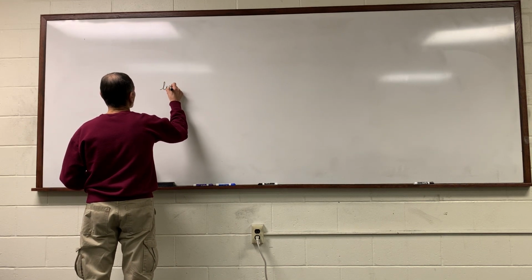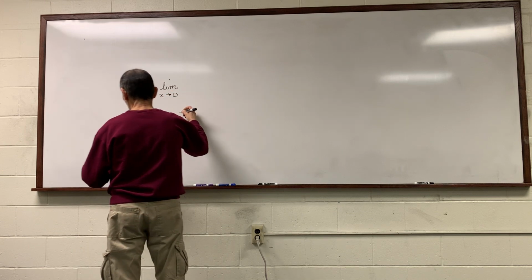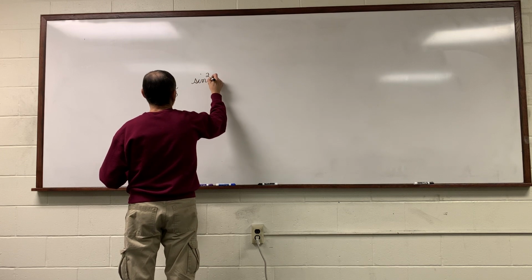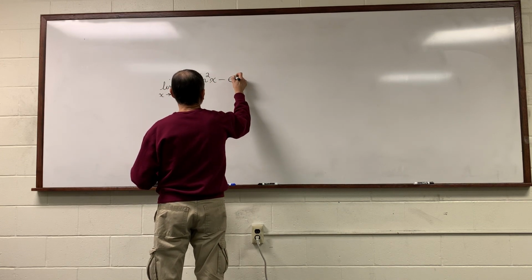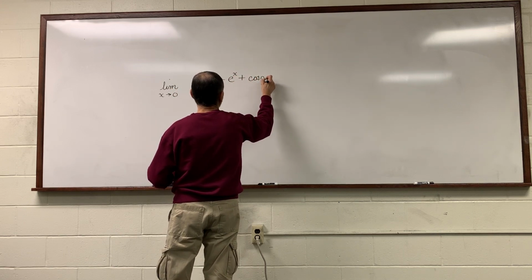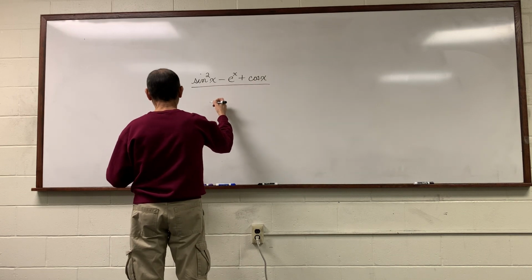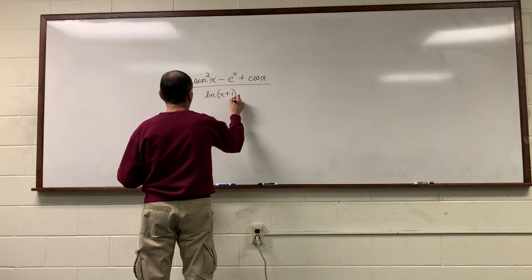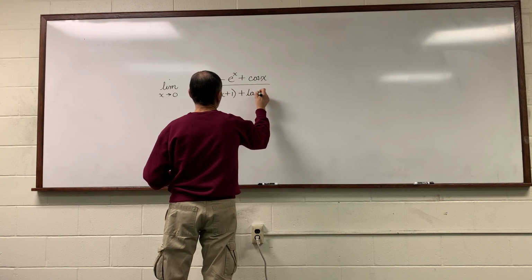Suppose we wanted to find the limit as x approached 0 of sine squared x minus e to the x plus cosine x, divided by ln x plus 1, plus the tangent of x.